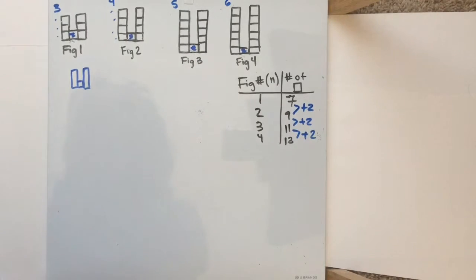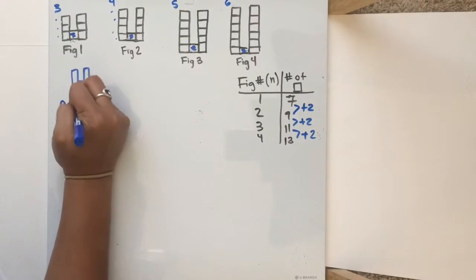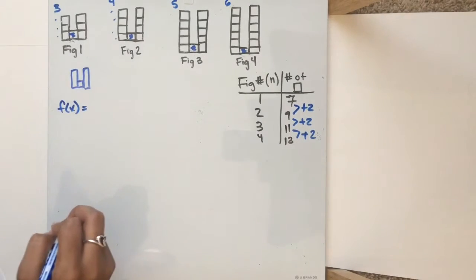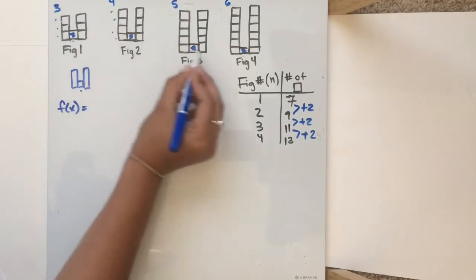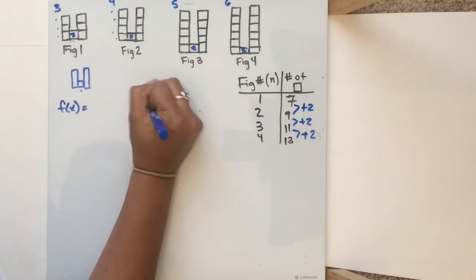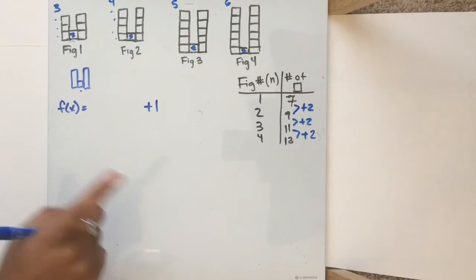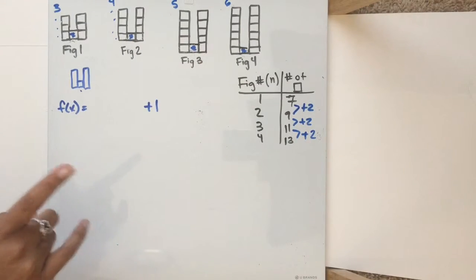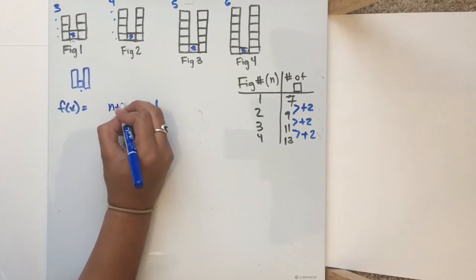So how you can think of this is f of x for our function: you have plus 1 always for that lone middle square on each figure. So there's our plus 1 for that square. And for the column, you can write n plus 2.